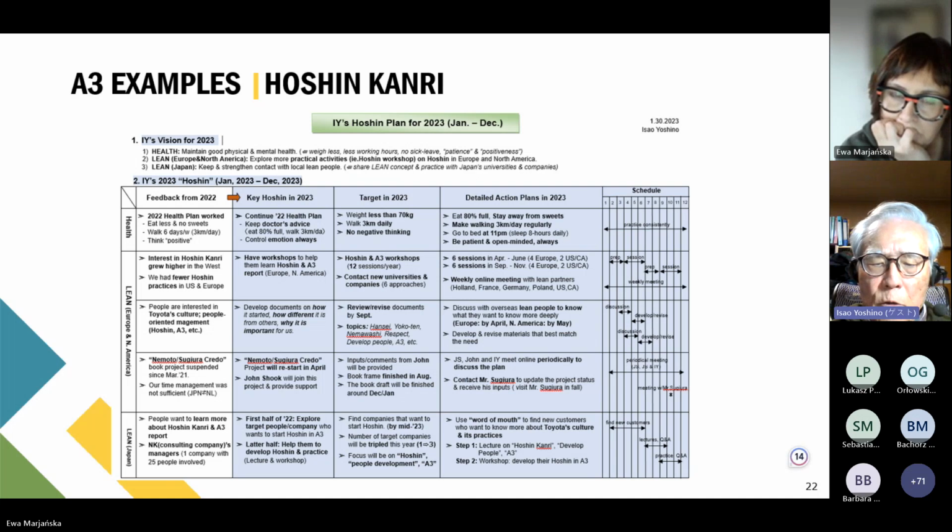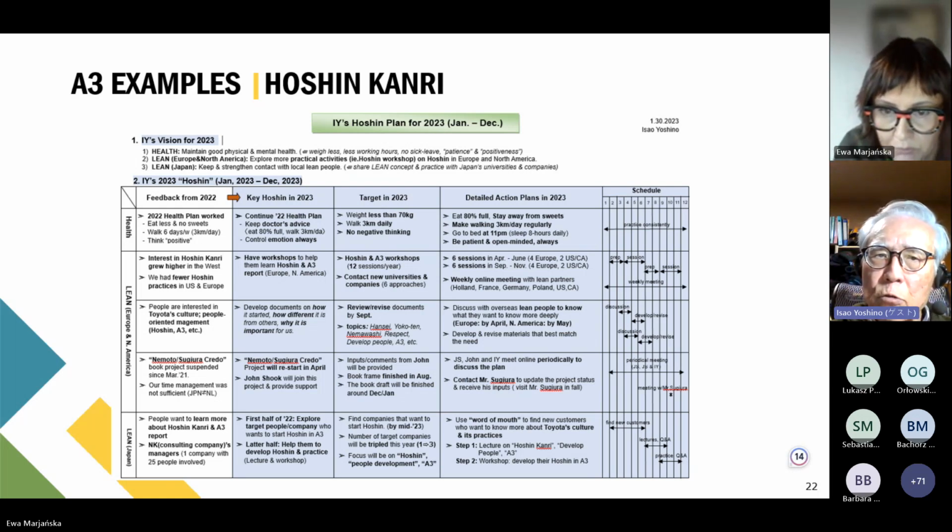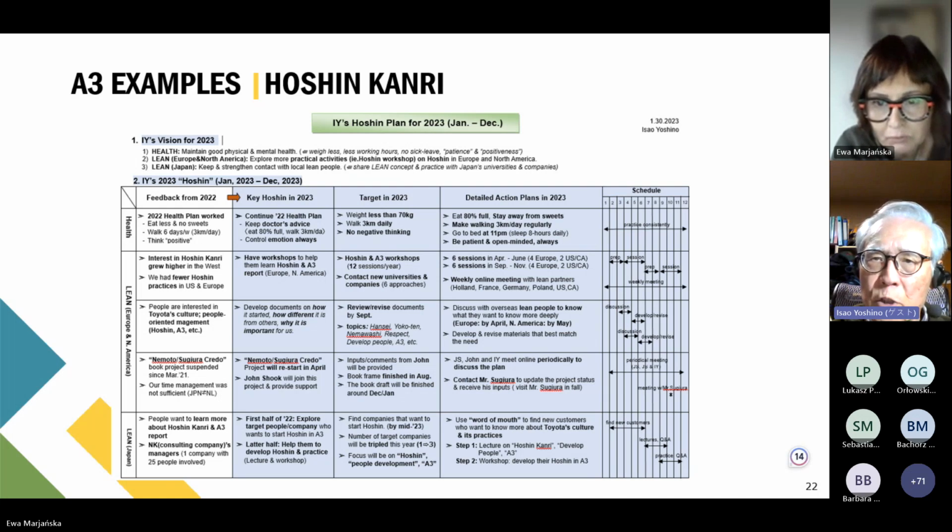So that is part of my regular practice: to put down on a document what I want to accomplish, not only in my mind, but in writing. Some people ask me, Yoshino-san, what is your target this year? What are the key items you want to accomplish this year?